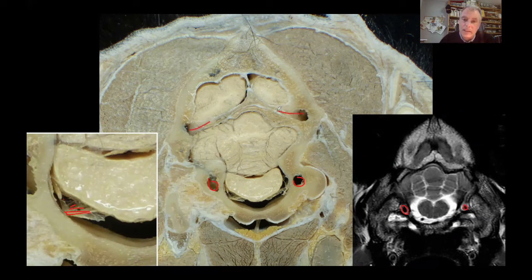Okay, here. And what do we have here? Here we have the joint, the atlanto-occipital joint.